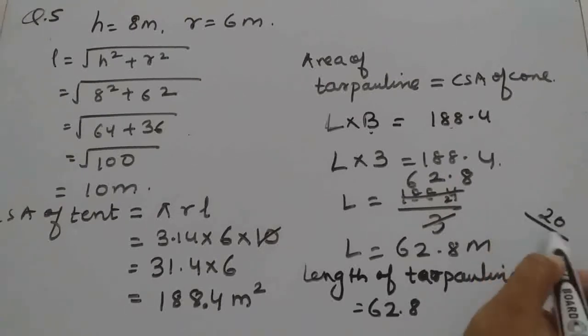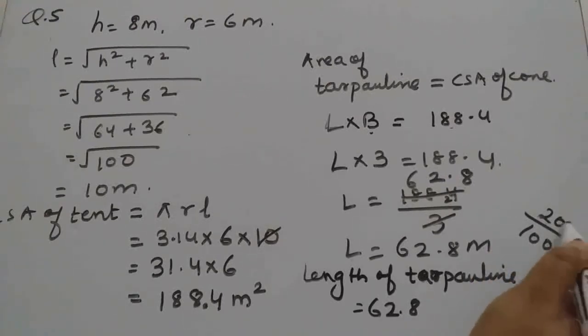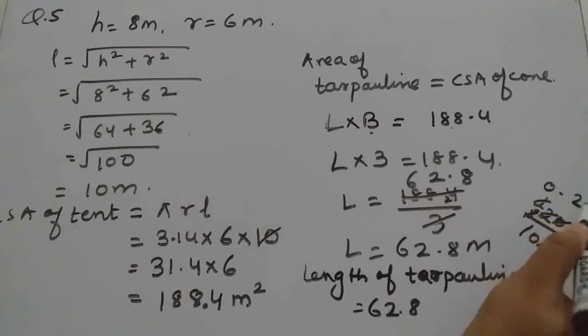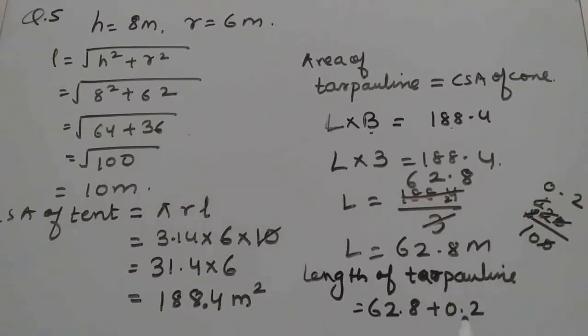If you want to convert 20 centimeter into meter, we will divide by 100, isn't it? So 1 by 5 will come, and 1 by 5 means 0.2. So directly I am writing 0.2 here. So 62.8 plus 0.2 will give 63 meter.